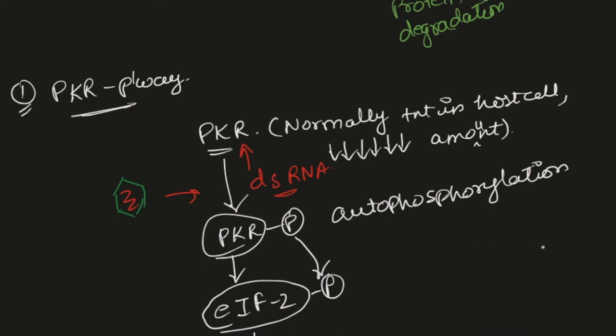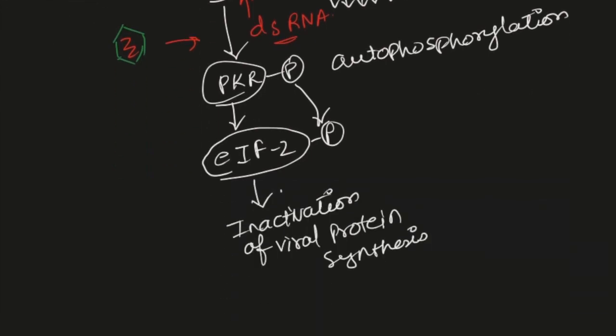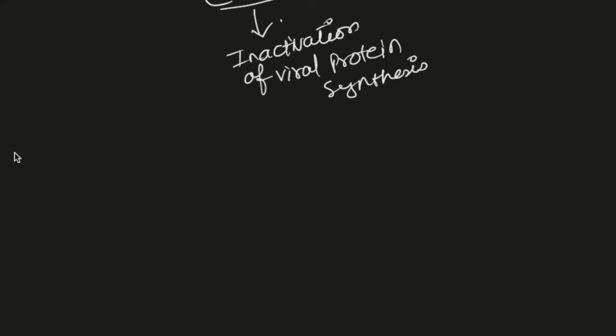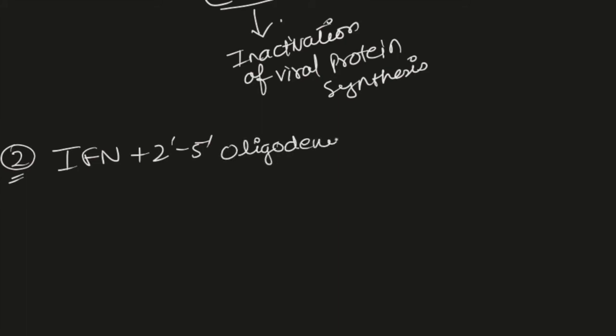In the second pathway, here there is the formation of a complex. The complex is formed between interferon along with 2',5' oligoadenylate synthase.